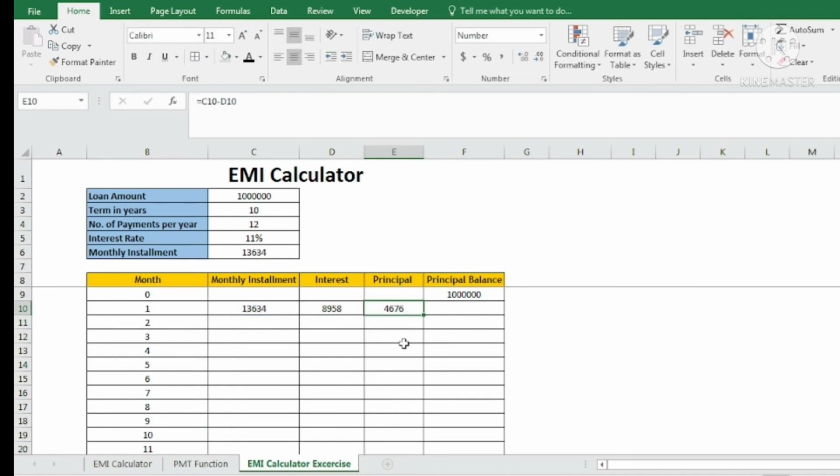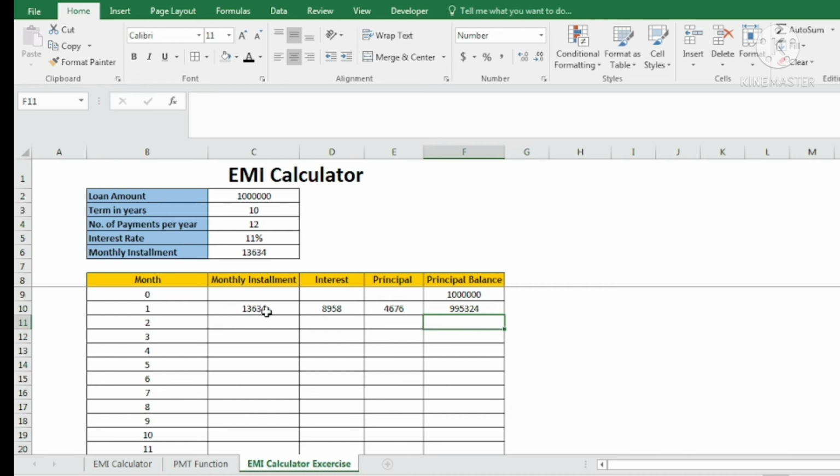This gives me the principal. What is the principal remaining balance? It is equal to this cell, which is we are starting with 10 lakhs, minus this principal amount. So in the first month I am paying the principal 4676. The remaining principal balance would be this much.